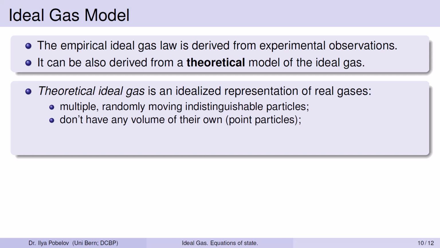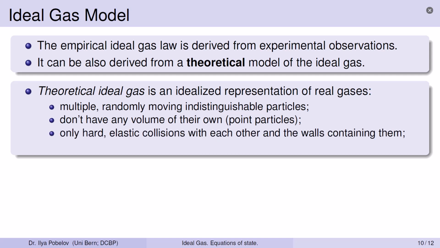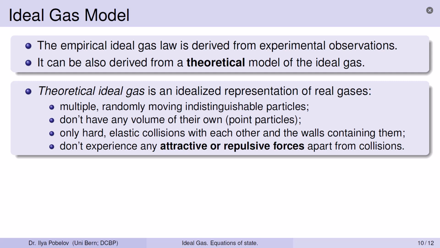These particles don't have any volume of their own. They are considered point particles. The only interactions they experience are hard, elastic collisions with each other and the walls containing them. Very importantly, these particles don't experience any attractive or repulsive forces apart from these point-like collisions.